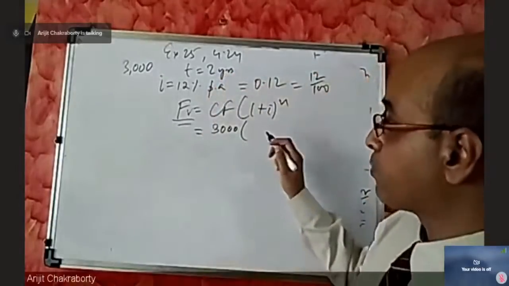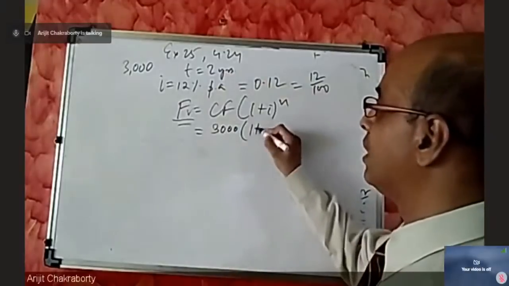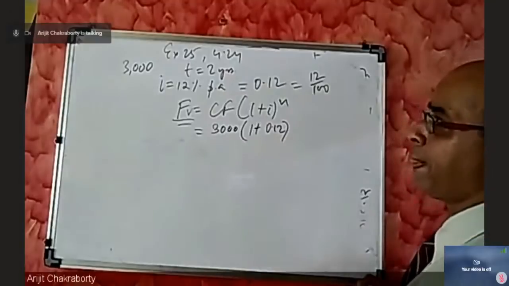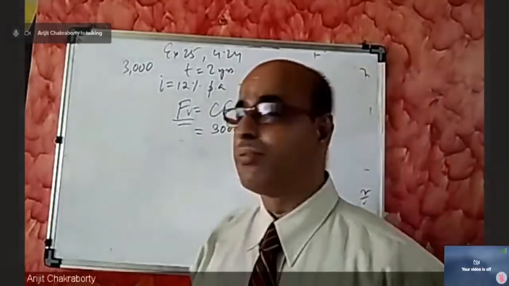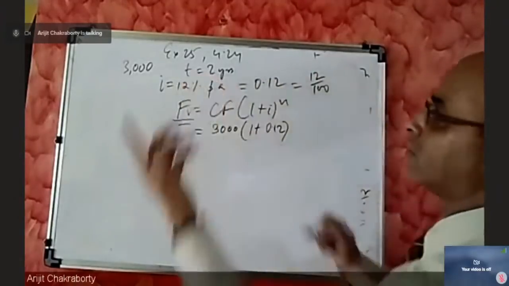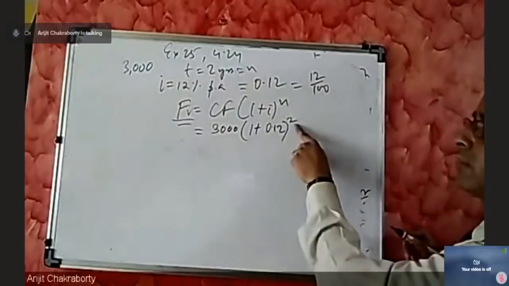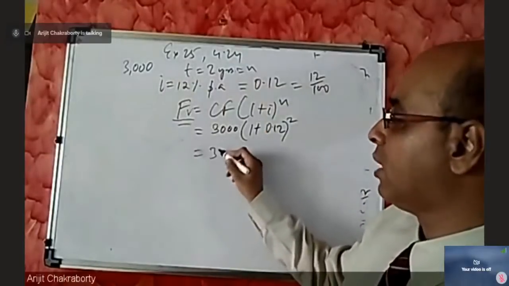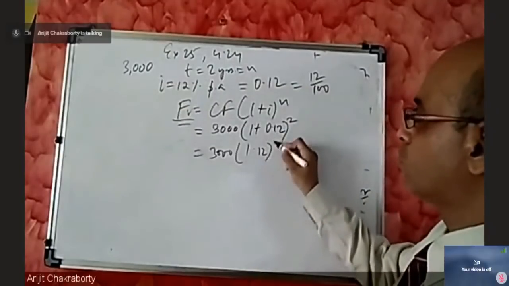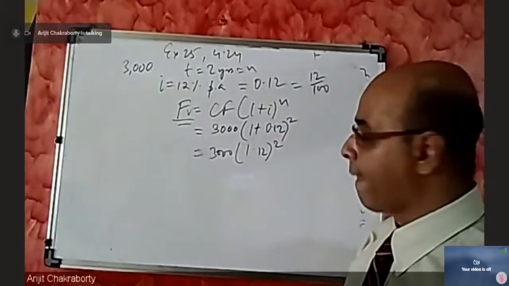So it is cash flow 3,000 into 1 plus I, that is 0.12. Now they want to know the future value after 2 years, so n is equal to 2. So the formula now reads 3,000 into 1.12 square. 1 plus 0.12 is 1.12 square.